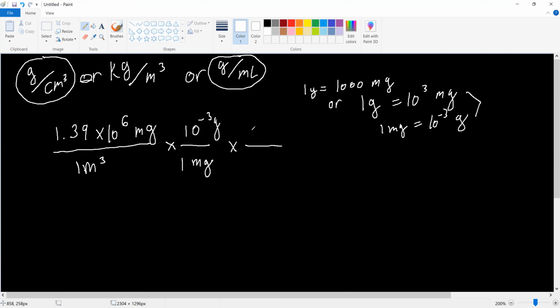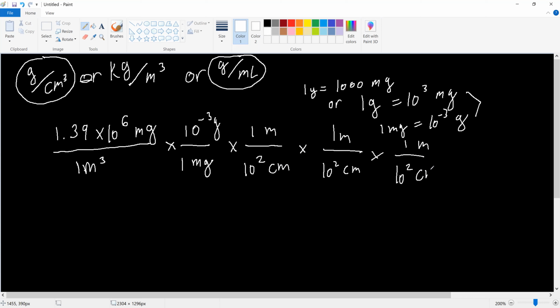Just like before, 1 meter over 10 to the 2 cm, times 1 meter over 10 to the 2 cm, times 1 meter over 10 to the 2 cm. Now again, watch the magic. This is equivalent to, I'm going to write this again, I apologize for the scribbles, a meter times meter times meter.